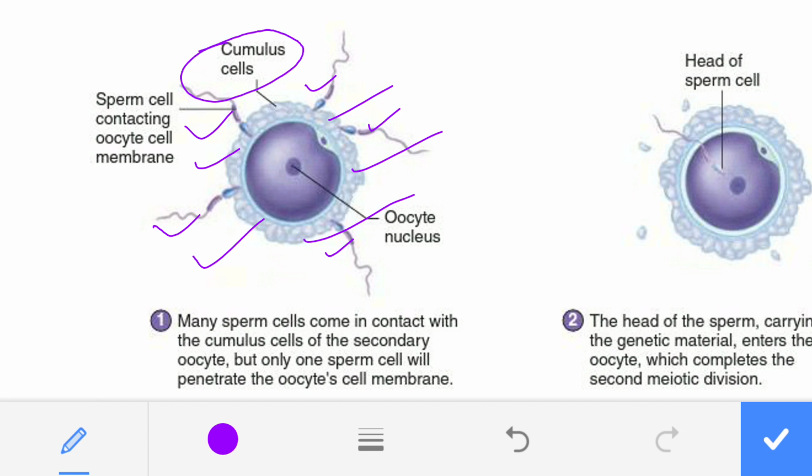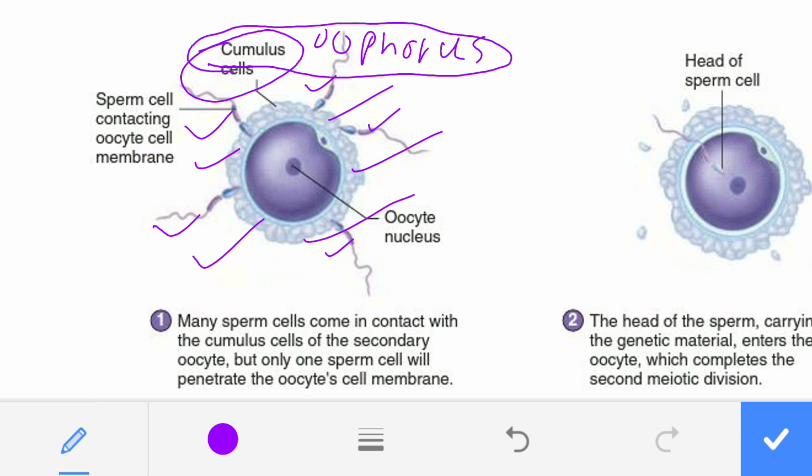cumulus oophorus cells. Now, we need to understand this thing, these cells, cumulus oophorus. See, this is the secondary oocyte, okay?